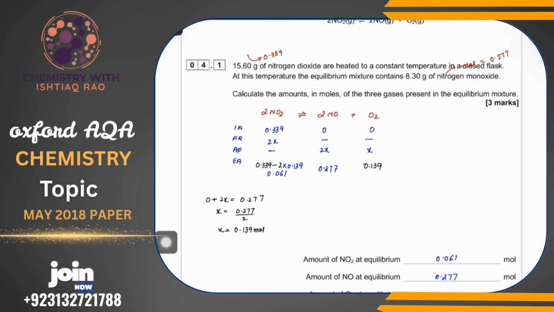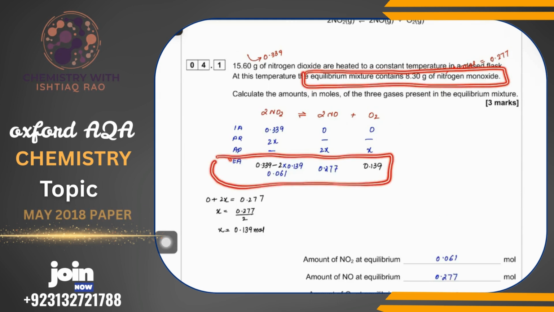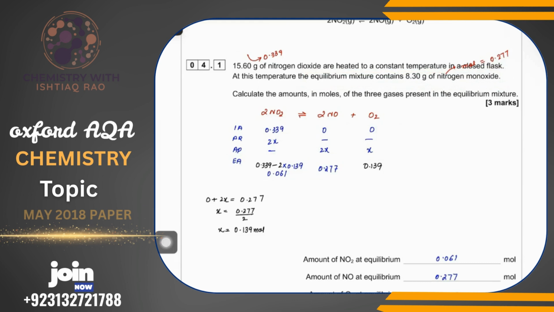It was not given. Only the equilibrium amount of NO is given. I'm talking about the equilibrium amount, not the initial amount, because we have to put the equilibrium amount in the Kc expression. Only the one equilibrium amount is given, and with the help of the given amount, we are going to find the other ones.